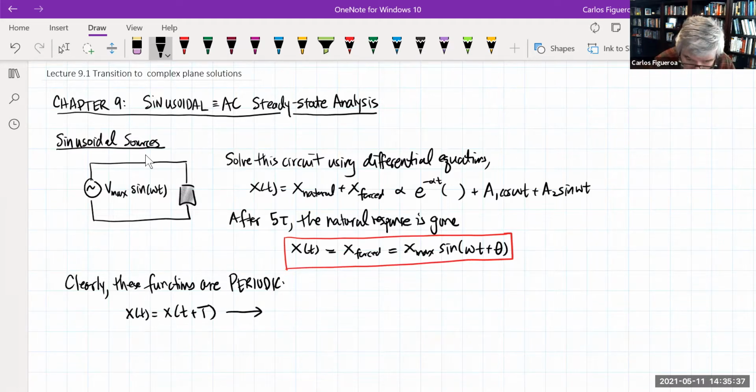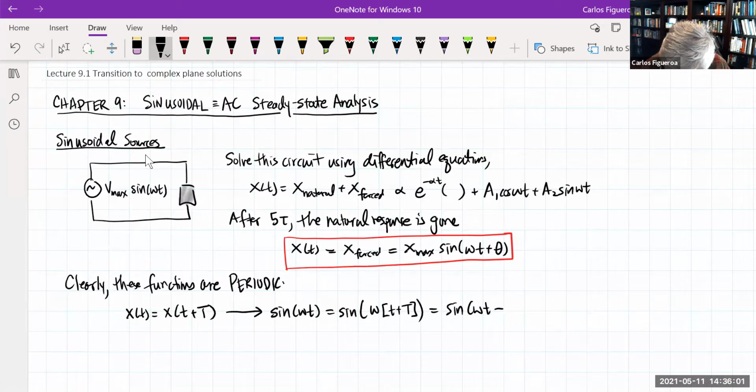This tells me then that in our case, we're going to have omega t plus theta. Actually, let's not consider a phase for right now. So this function should be exactly the same at t plus the period later on, which tells you that I get omega t plus omega period like this.